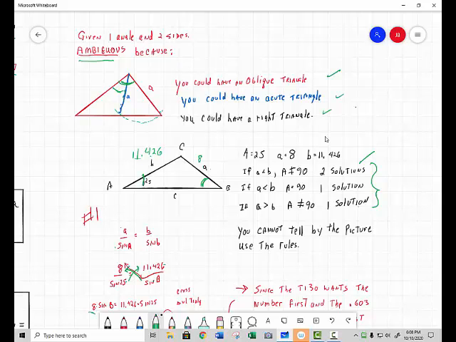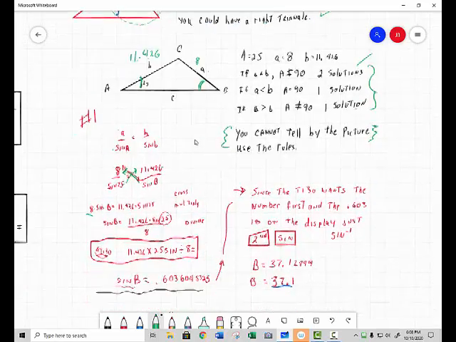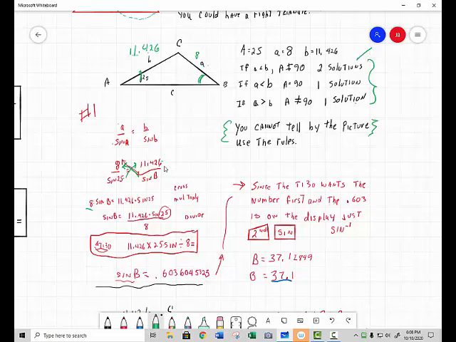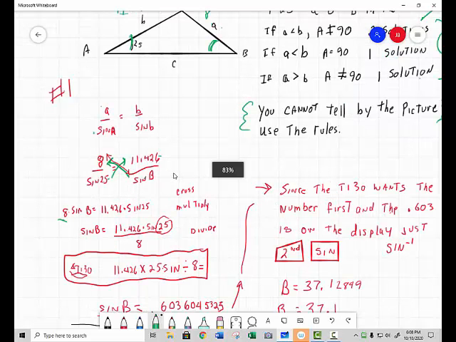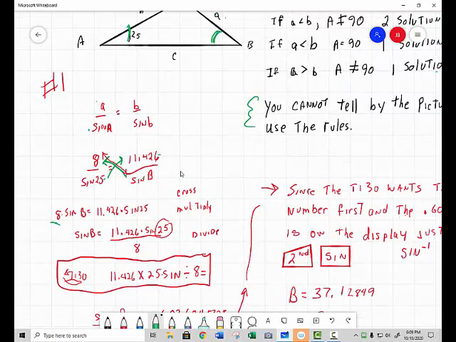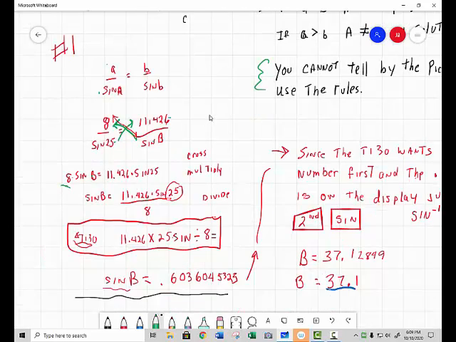Okay, so let's take this scenario and see what we get. I know that side A is 8, angle A is 25, side B is 11.426, so I can find the sine of B, and that's what I'm going to do right here. Again, I can swap those out, and I end up with the sine of B just like we did before, 0.603, and I'm going to take the inverse sine, and I'm going to find out that B is 37.1.